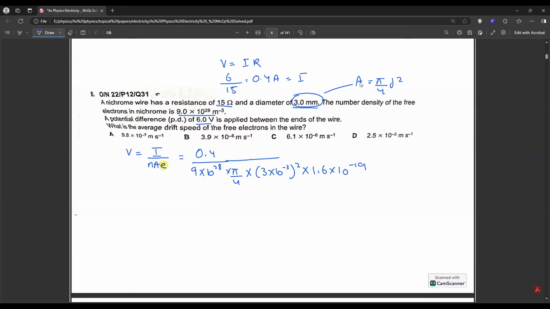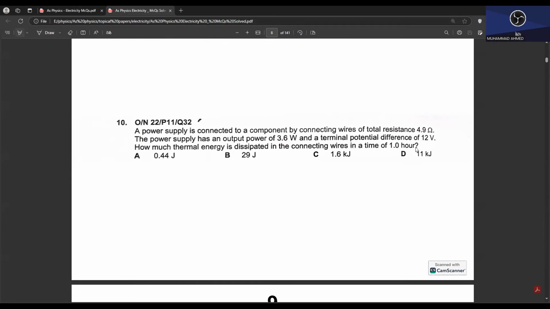Into 1.6 into 10 raised to the power of minus 19. The answer comes out to be what? 3.9. The answer for drift velocity comes out to be 3.9 into 10 raised to the power of minus 6 m s minus 1. B should be your answer. This is question number 6. Let me check in the marking scheme. The answer is B. Yes. Let's further move ahead.